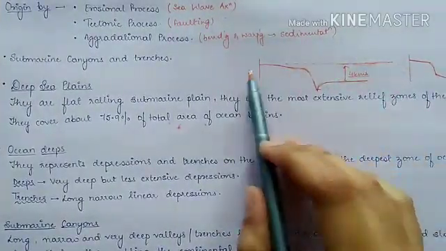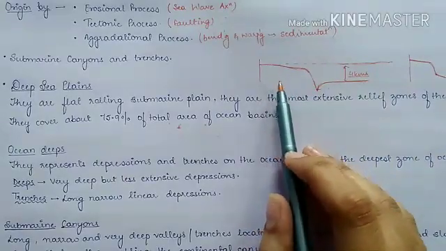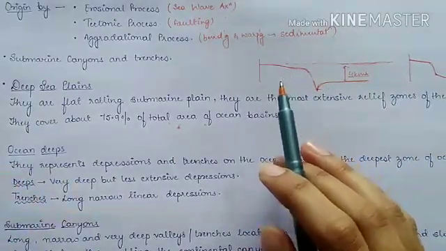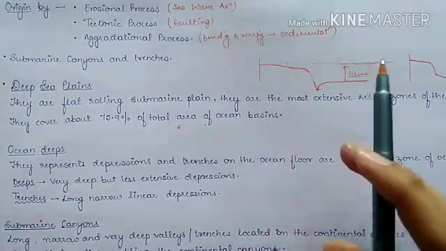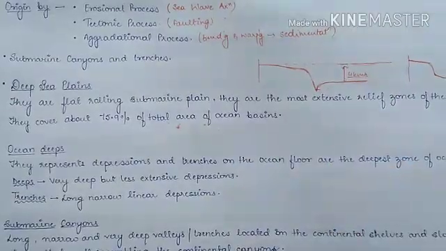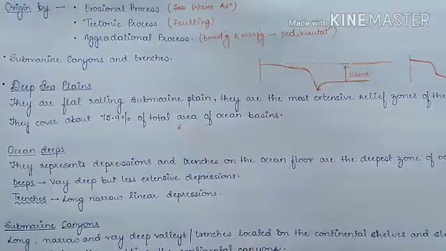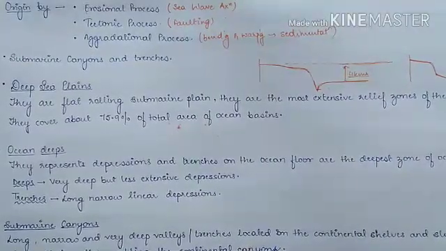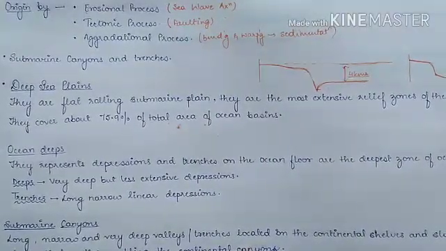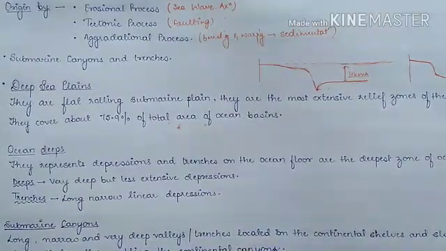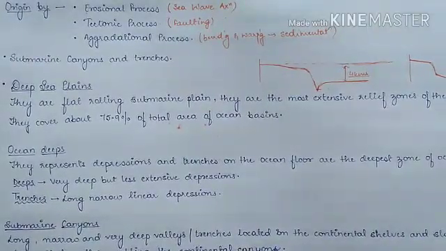So this is how we will have the ocean bottom or configuration of oceanic floor. Now this oceanic floor will have various features like rift valley and guyots. Guyot is also known as sea tableland. Then we will have sea mounts and various other things.